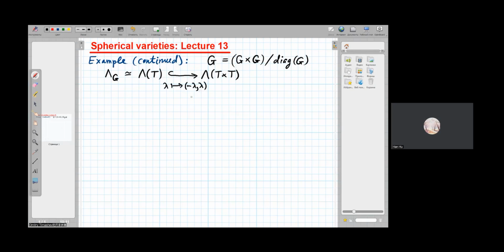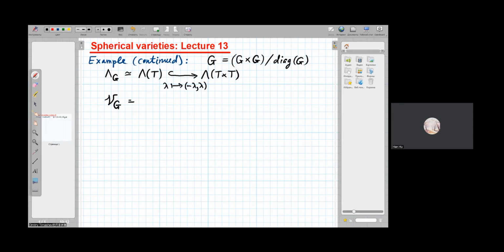So this is the weight lattice, and under this identification, the evaluation cone for this spherical homogeneous space is identified with the negative Weyl chamber in the vector space spanned by the dual lattice.